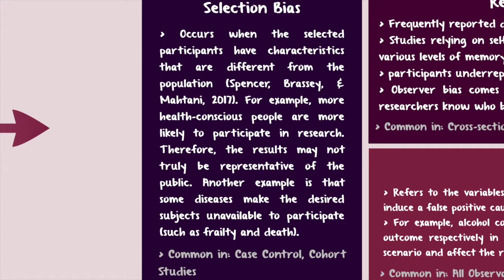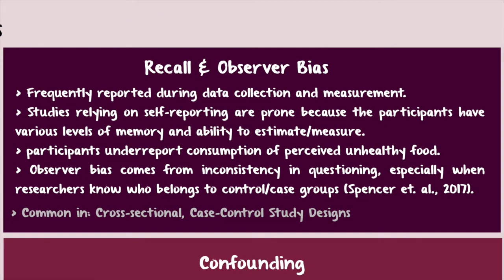Therefore, the results may not truly be representative of the public. Another example is that some diseases make the desired subjects unavailable to participate, for example, if they're frail or if they die. Case control studies and cohort studies are particularly prone to this type of bias.